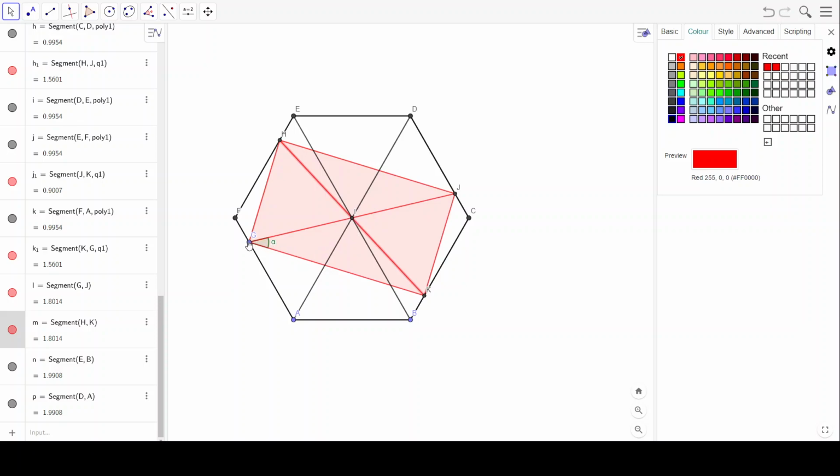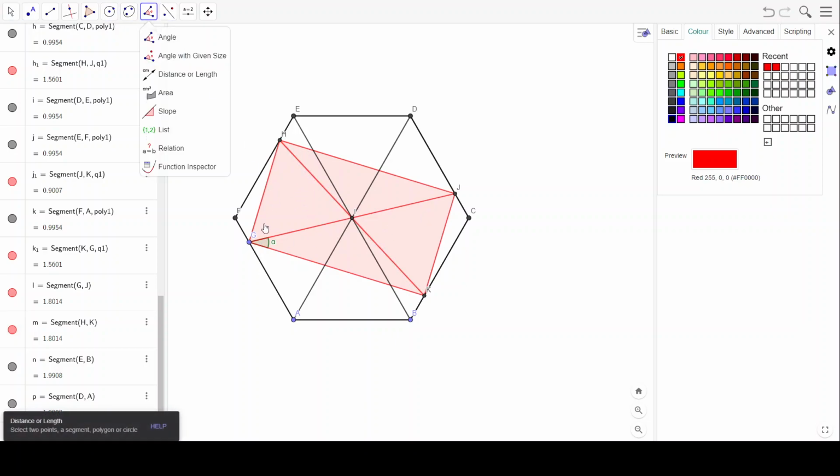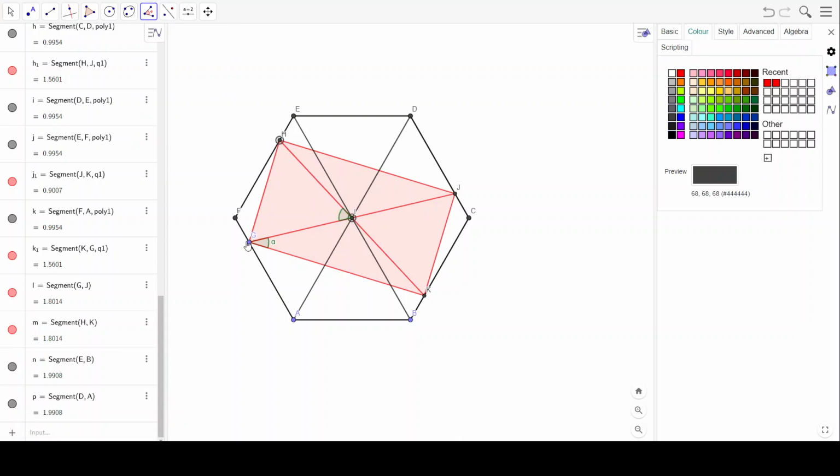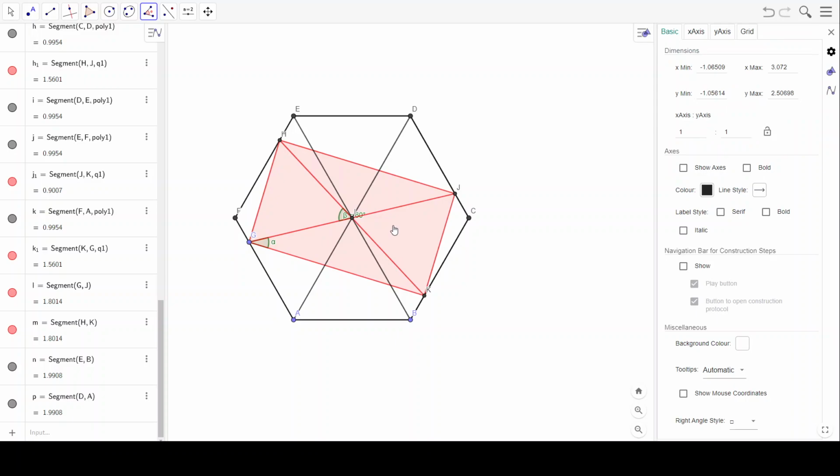It's very easy to see that this diagonal is rotated, and let's put it over here. So this angle is 60 degrees.